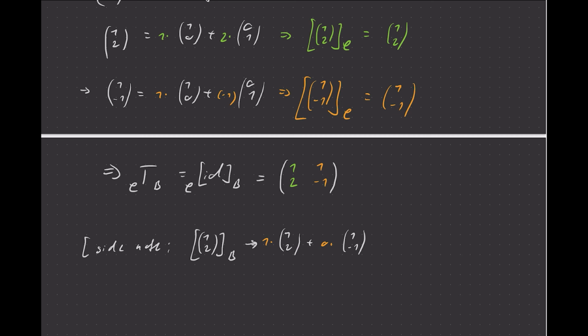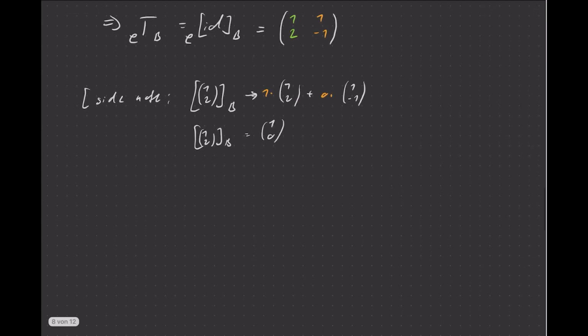So the B coordinates of 1, 2 are 1, 0. And of course, that same is true for 1, minus 1. If we look at the B coordinates for that, we need 0 times the first vector and 1 times the second one. So the B coordinates would be 0, 1.